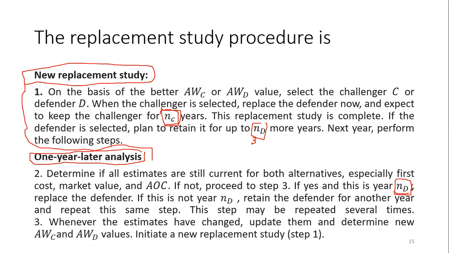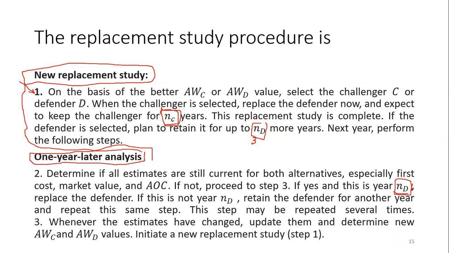What we understand is that usually we make the first step. After the first step, this is the first year after we use the machine. Then 1 year later there are some changes, some variability because of new technologies or something like this.